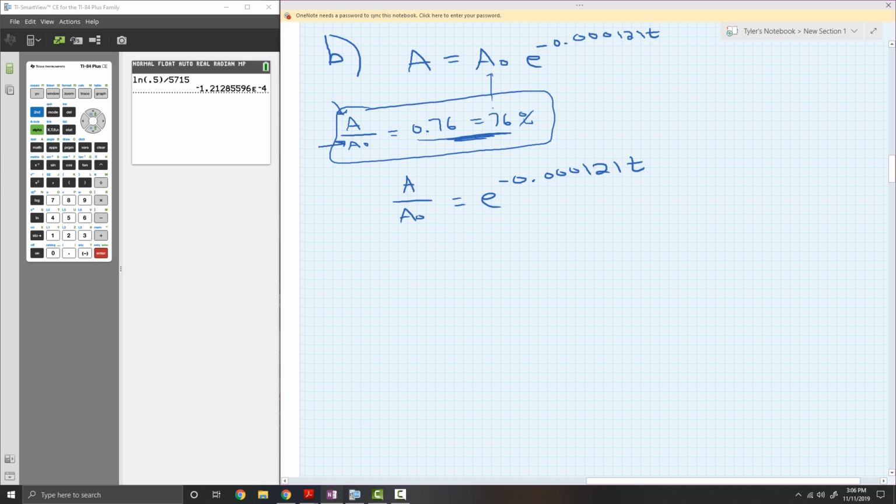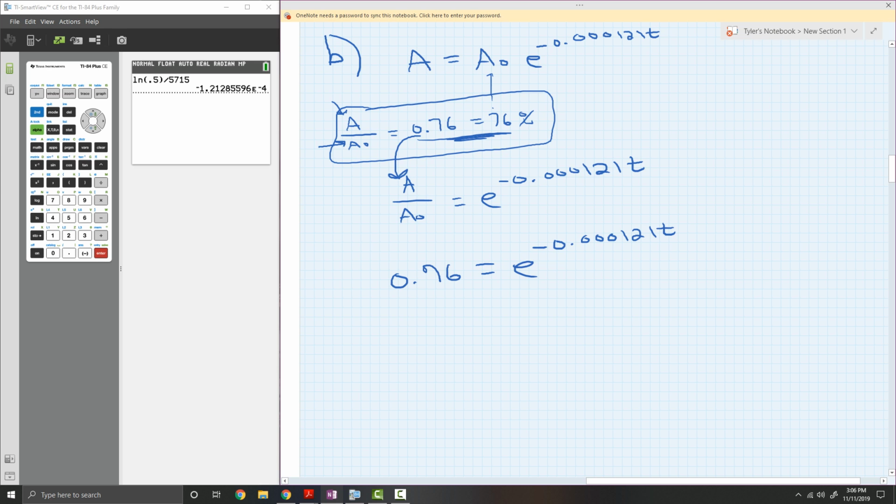Now I can take this value, 0.76, and substitute it in. Then I would have 0.76 equals e to the negative 0.0000121 times t.